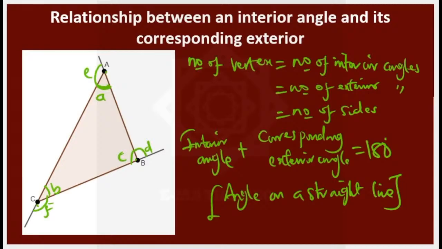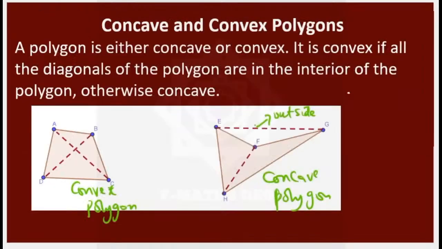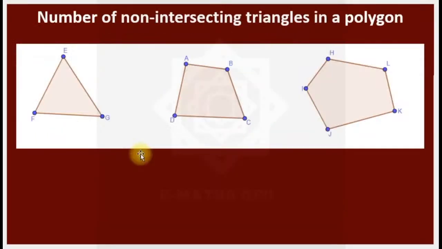We will still solve questions on this. Let's know the foundation before we move to real technical questions. So we're on the number of non-intersecting triangles. In any polygon we can form triangles inside.